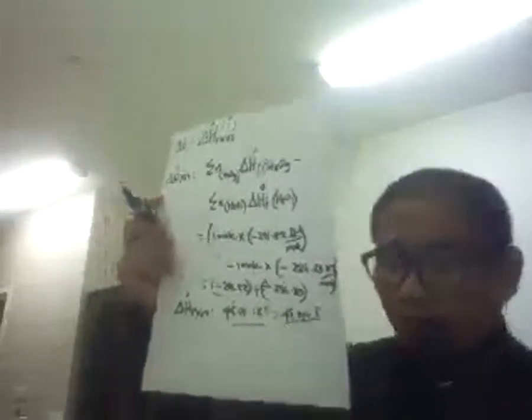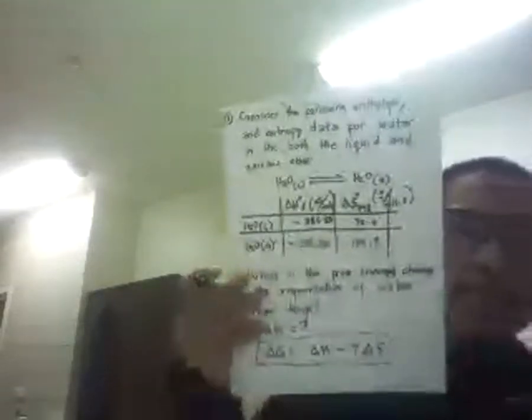Okay, now we are not yet done. We need to solve also for the entropy of formation. Entropy, the same story. The change in entropy of formation of the reaction is equal to the summation of the number of moles of H2O gas times the entropy of formation of H2O gas, which is given here like 70.